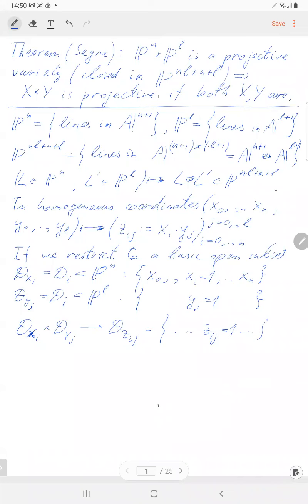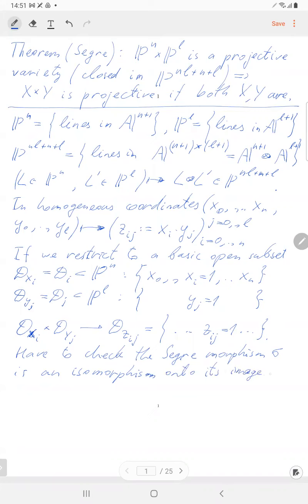Okay, now we proved that this is a morphism, and now I have to prove that this morphism is an isomorphism onto its image, right? So let's check this. I have to check the Segre morphism sigma is an isomorphism onto its image.